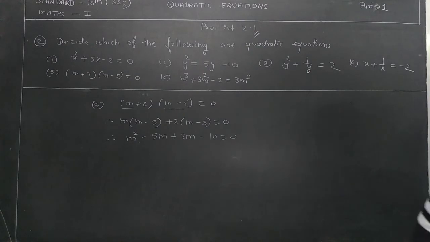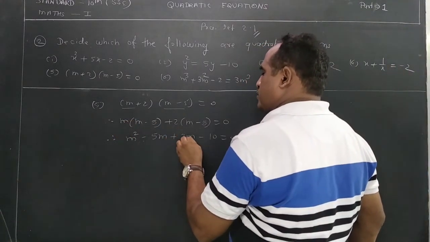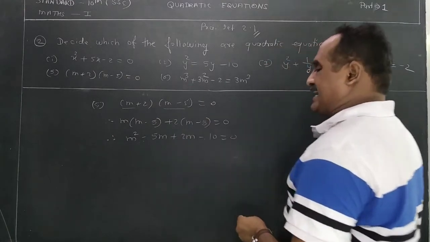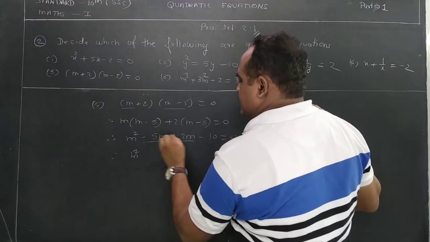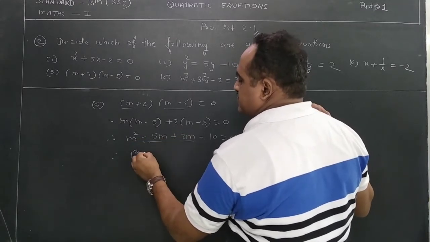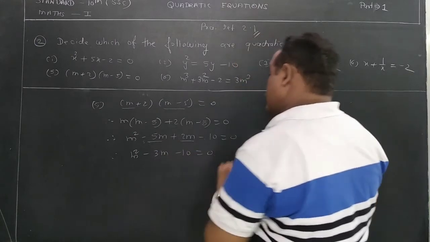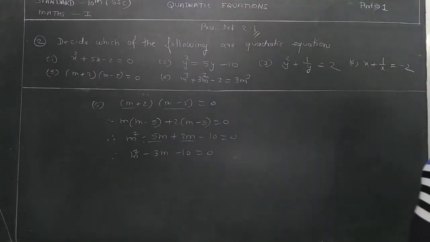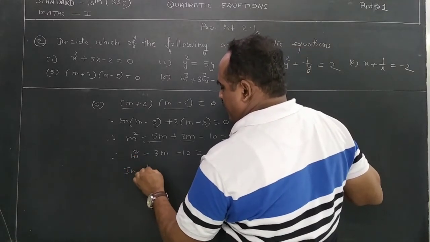Have you understood this? m into m is m square, minus 5 into m is minus 5m, 2 into m is 2m, and 2 into minus 5 is minus 10. Now these are similar terms. So m square, minus 5 plus 2 is minus 3, taking the sign of the greater number, minus 3m minus 10 is equal to 0.